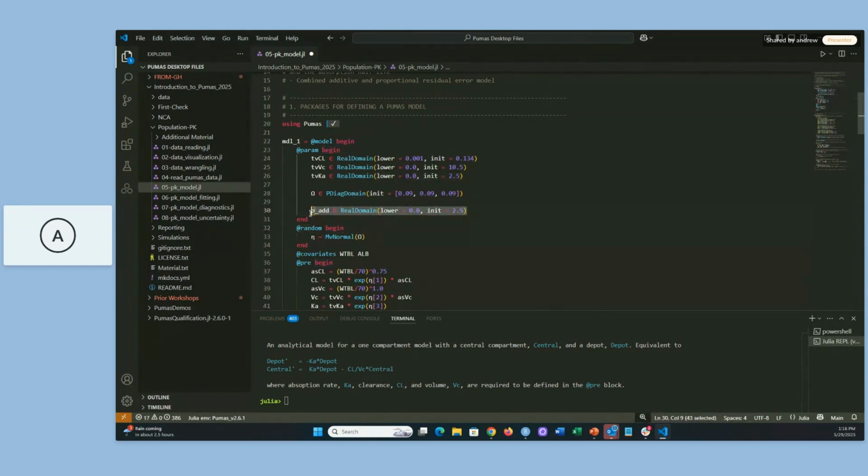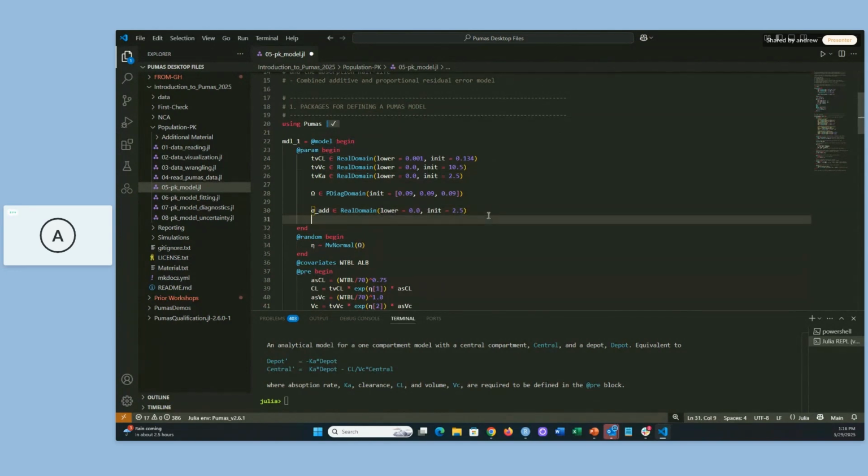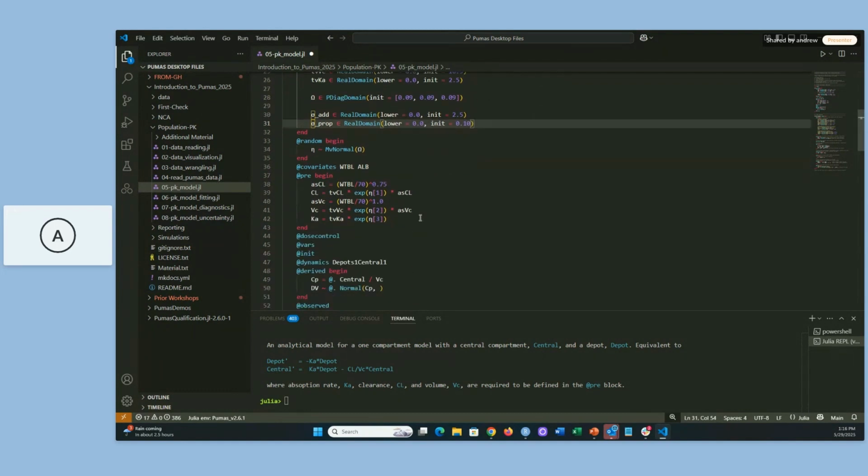So let's just do an additive and a proportional item. We'll set the initial as, say, 2.5 nanograms per ml as a flat additive effect for the initial estimate, and 10% for our proportional.